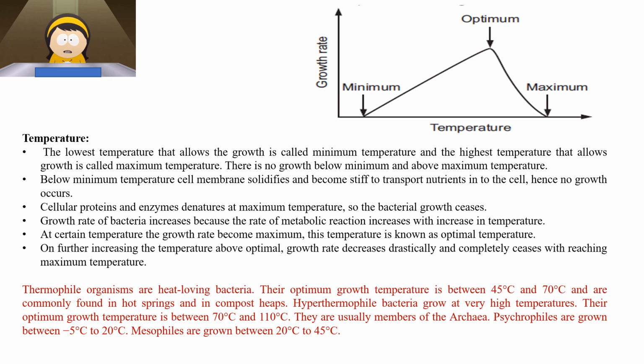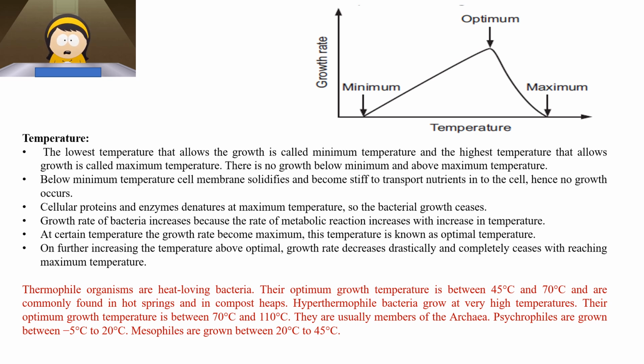Thermophile organisms are heat-loving bacteria. Their optimum growth temperature is between 45 degrees Celsius and 70 degrees Celsius and they are commonly found in hot springs and in compost heaps. Hyperthermophile bacteria grow at very high temperatures.